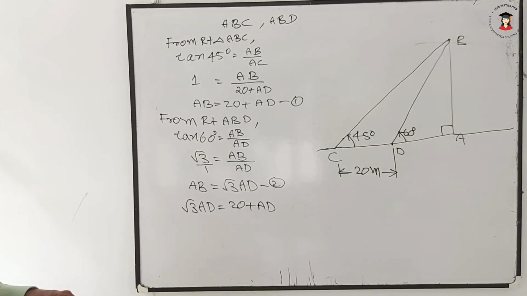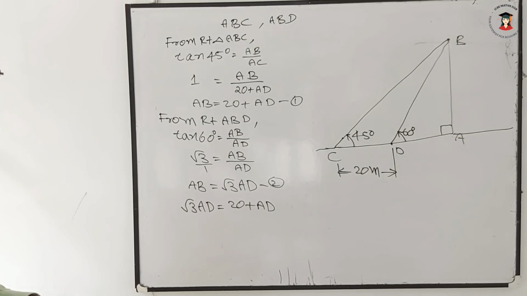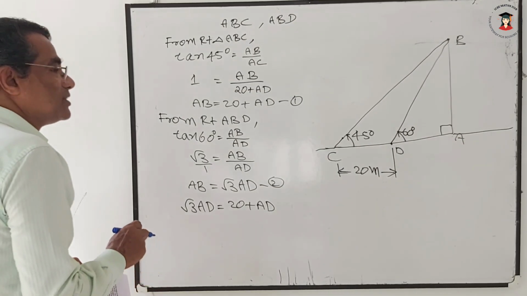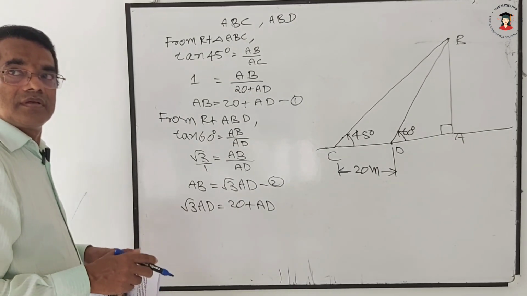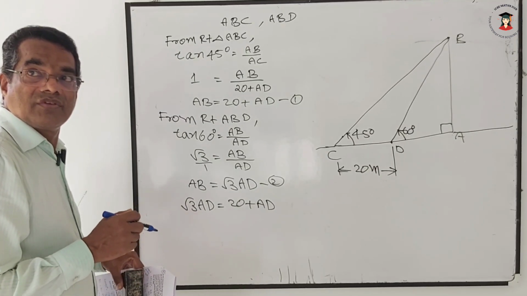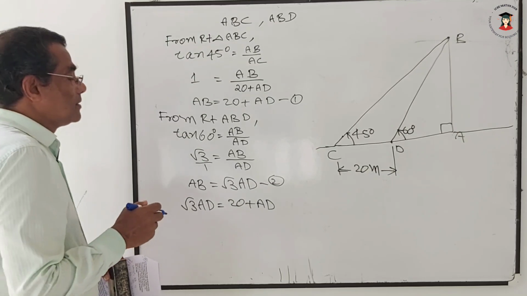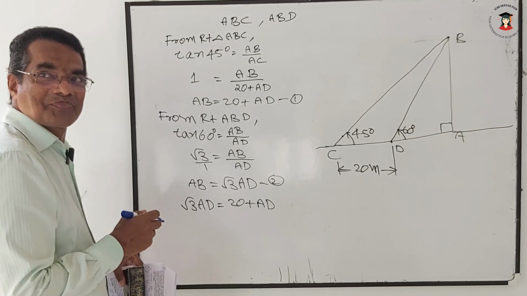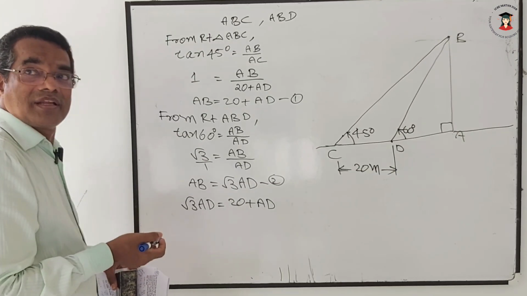Any equation, whether it is linear, quadratic or cubic, if there is only one variable, one equation is necessary. From that we can find out the value of the variable.